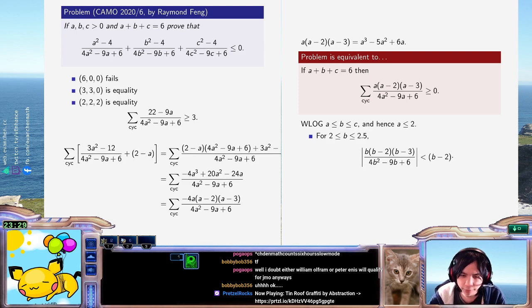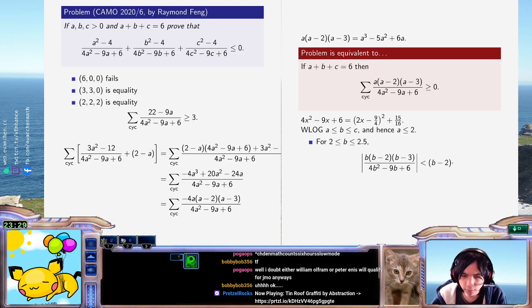So for b close to 2, this is at most like 4b squared minus 9b plus 6. I should write that in some form. 4x squared minus 9x plus 6 when written in standard form is 2x minus 9 quarters squared, plus 81 over 16, 96 over 16, 6.